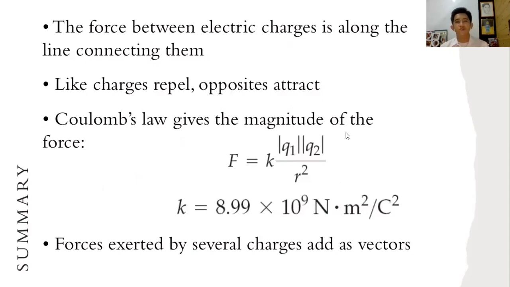Based on Coulomb's law, the magnitude of the force F is equal to k multiplied by the product of q1 and q2 divided by r squared, the distance squared. Let's take note of the k constant, or Coulomb's law constant, of 8.99 or 9 times 10 raised to 9 newton square meter per coulomb squared. The force exerted by several charges acts as a vector, since it's a vector quantity.